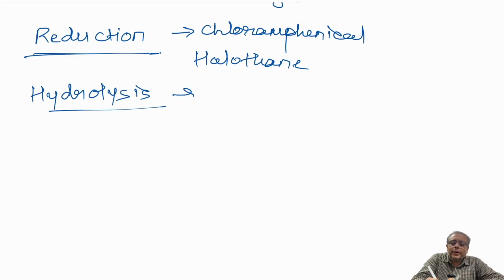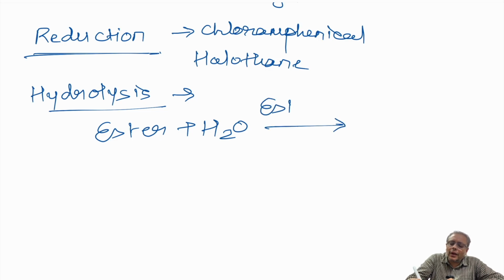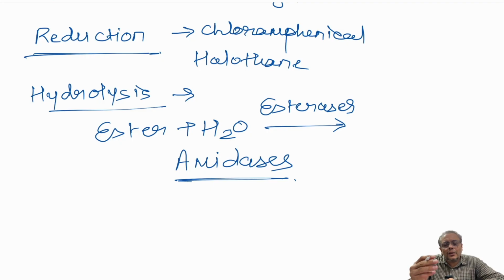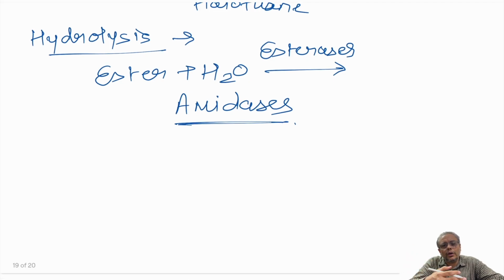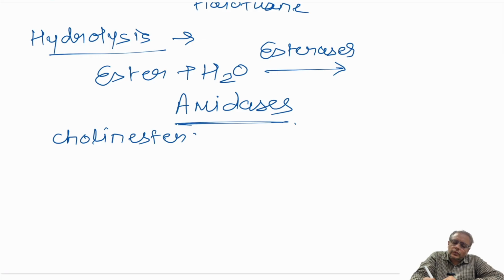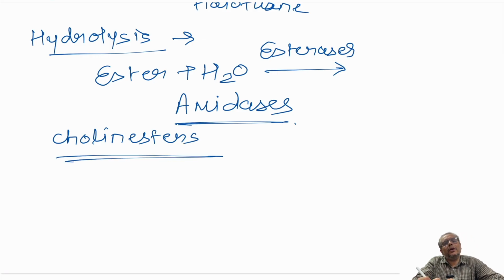Hydrolysis means there is a cleavage of the ester by adding water with the help of the esterase enzyme. If there is amide, then there is amidase. And the most common example you can remember is if you go through the cholinergic system, the cholinergic agonists, there are different cholinesters, and they are degraded by acetylcholinesterases.